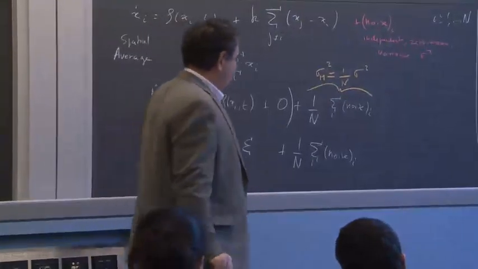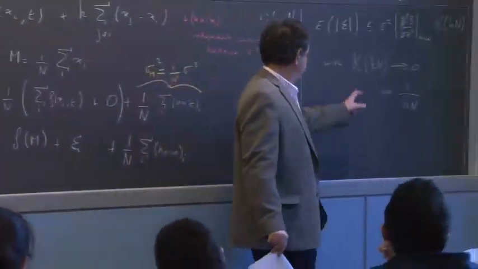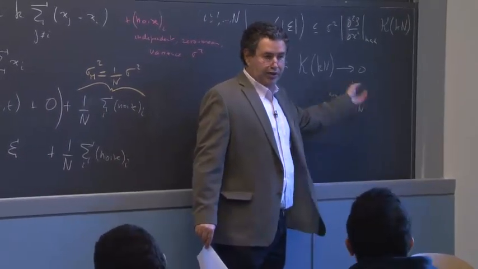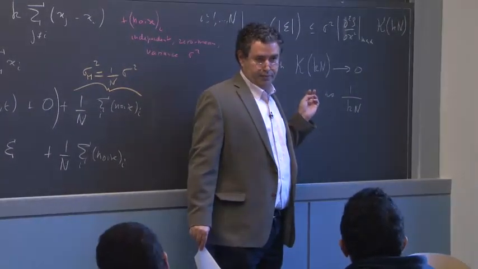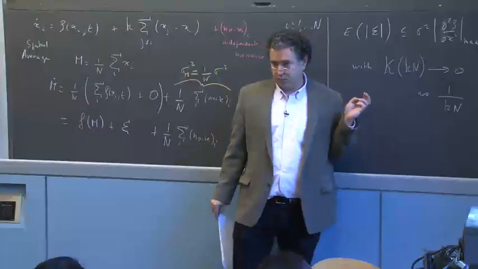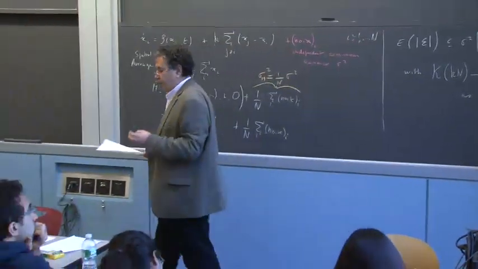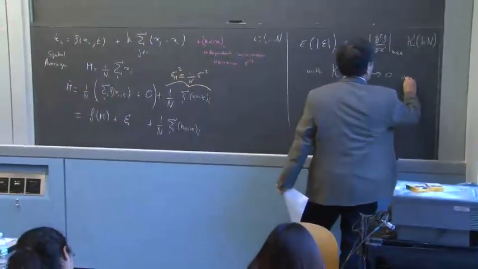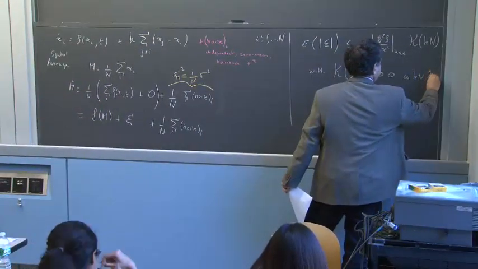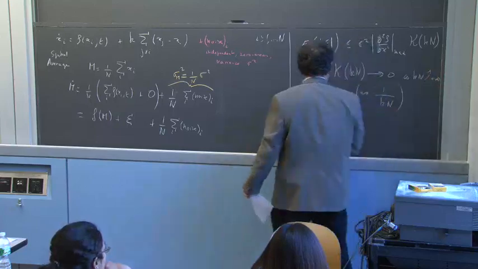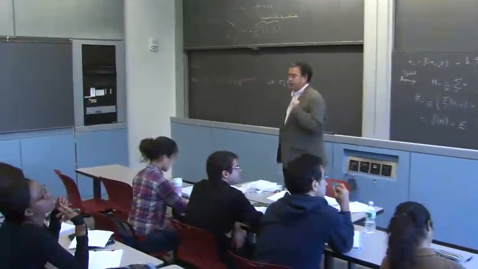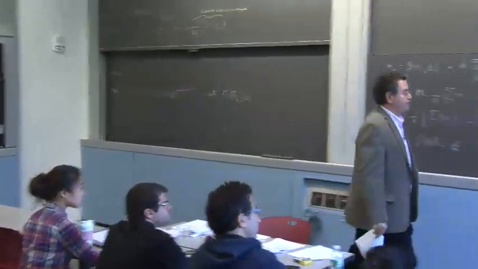In other words, this term tends to 0 as kn tends to infinity. More precisely, as 1 over kn, but the main thing is it tends to 0 as kn tends to infinity.